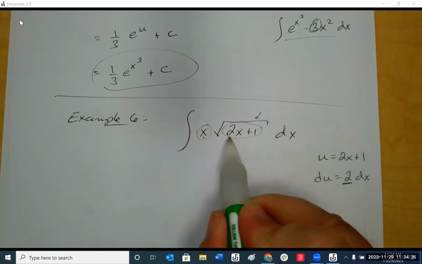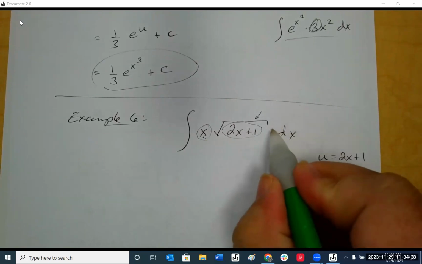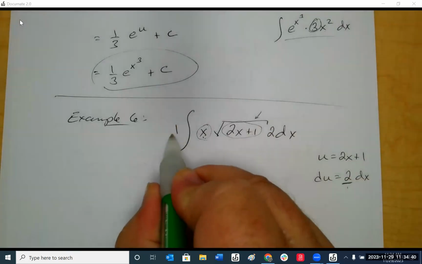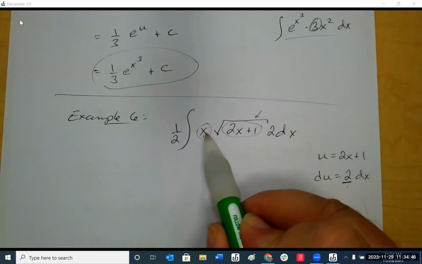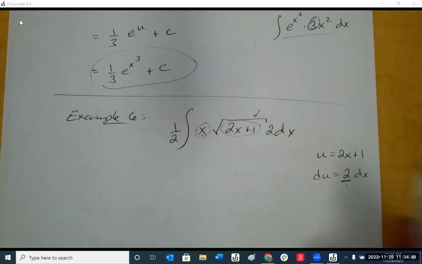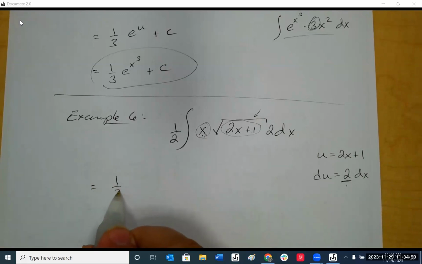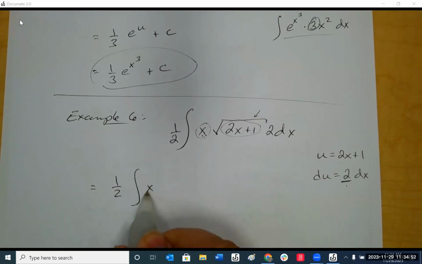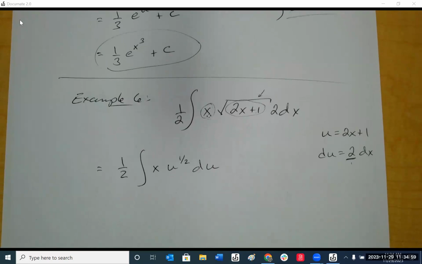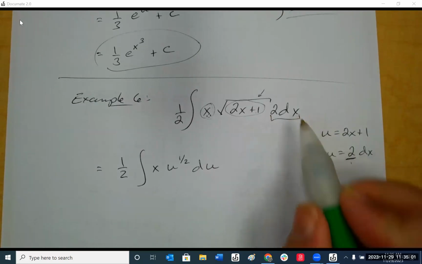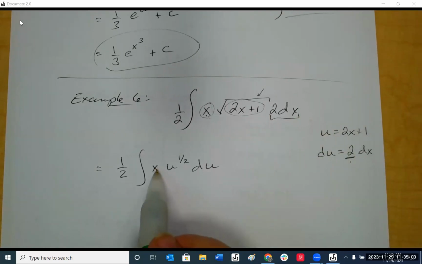No. We have a 2x plus 1, but we don't have a 2. So we need a 2 there. But what about this x? Right here we have u to the power 1/2. There's du, but we still have this x.